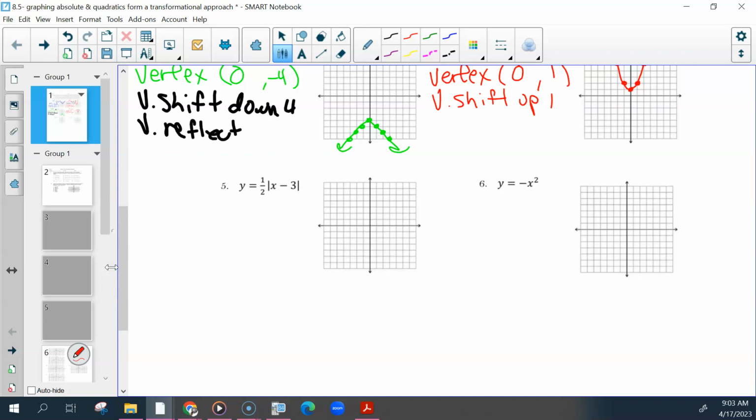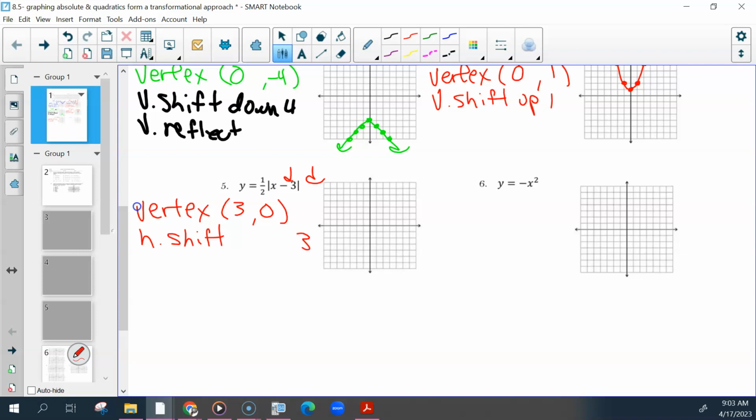So for number 5, what would our vertex be? 3, 0, yes. This is opposite of what the number is on the inside, and we don't have anything on the outside. So that would be a horizontal shift in which direction? Right.